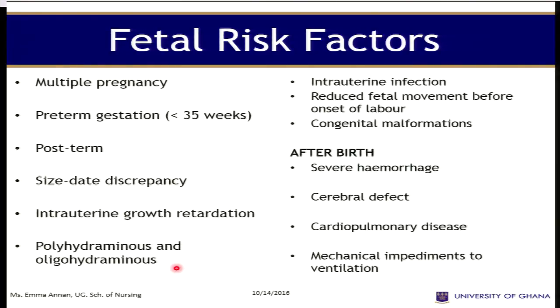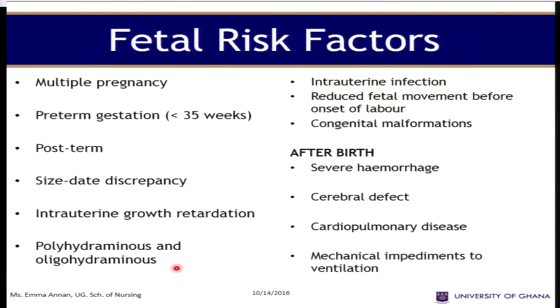Fetal risks: when there's multiple pregnancy, or the baby is preterm or postterm, it can lead to birth asphyxia. And after birth, severe hemorrhage can also put the baby at risk.